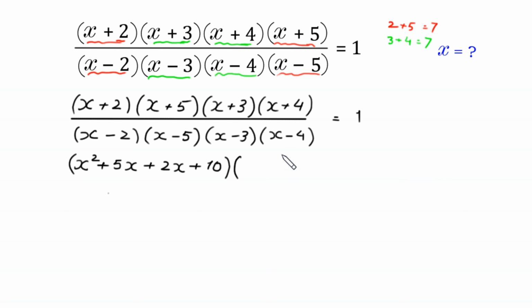X times x, x squared, and x times plus 4, plus 4x, and plus 3 times x, plus 3x, and plus 3 times plus 4, plus 12.